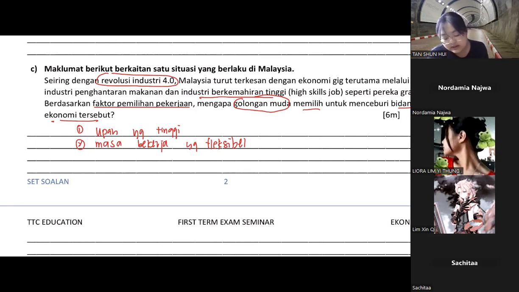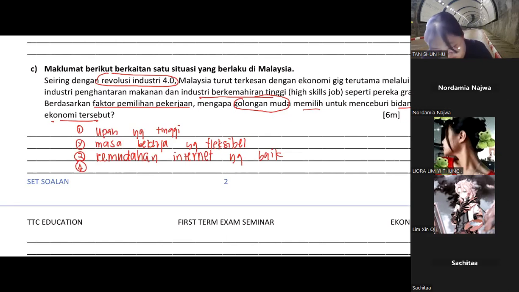You can also say, all these high skill jobs are highly related to the internet. Kemudahan internet yang baik. Right? Upah yang tinggi, masa bekerja yang fleksibel. It can also be all kinds of answers.